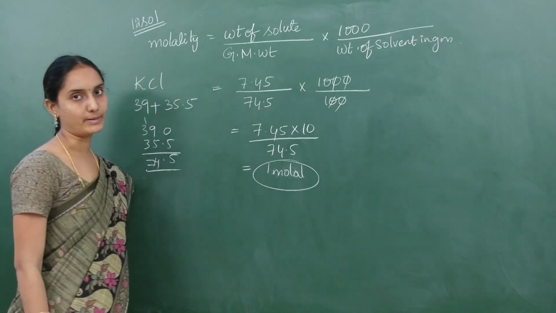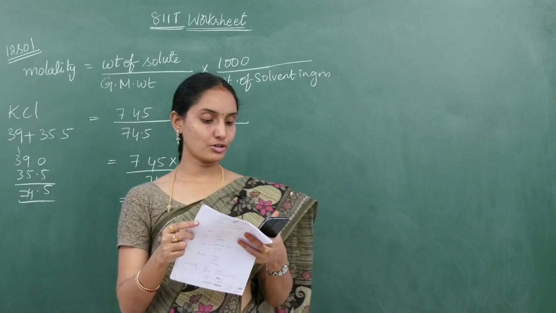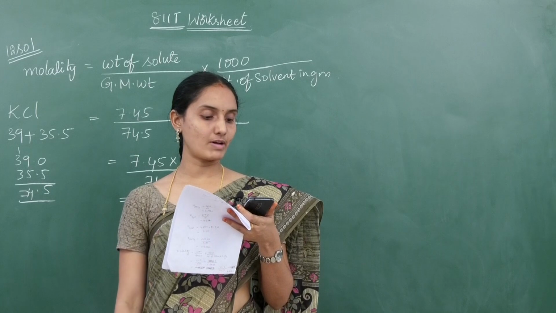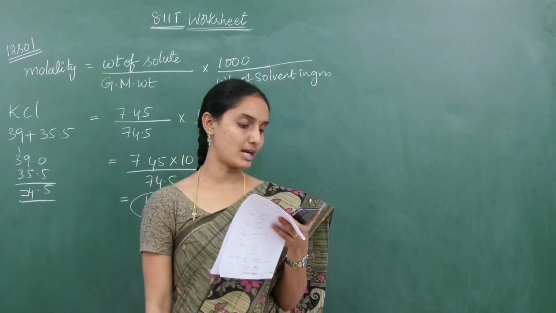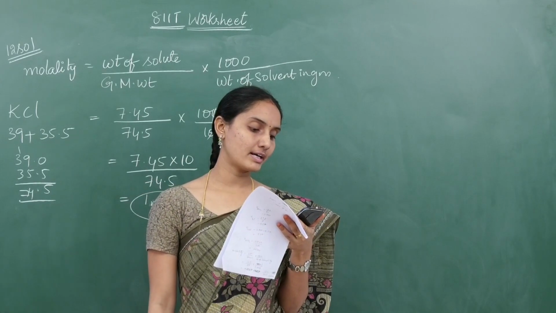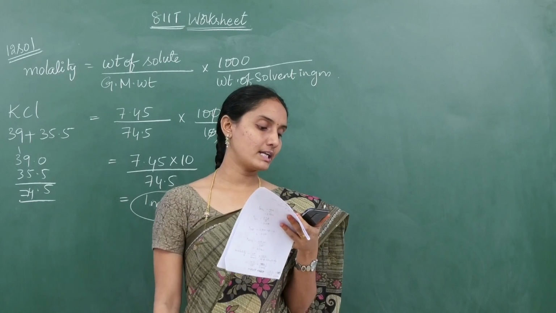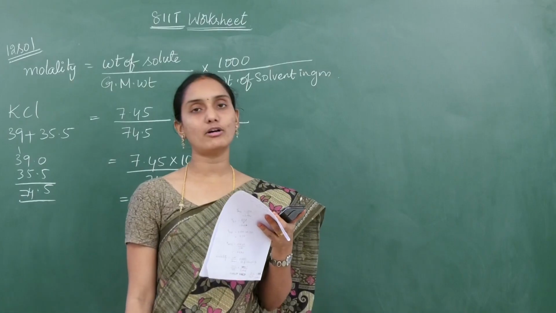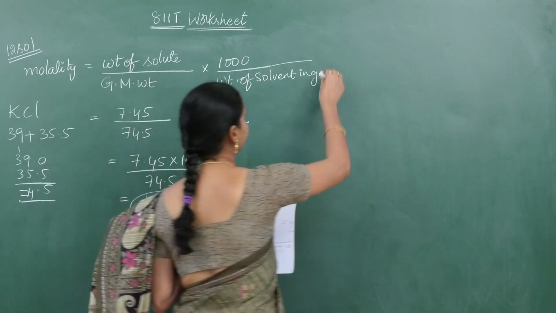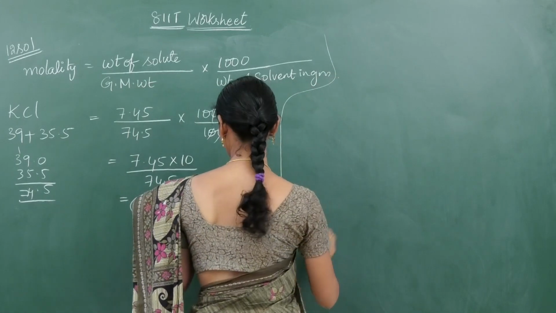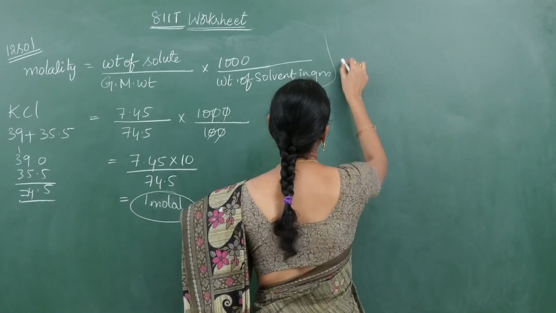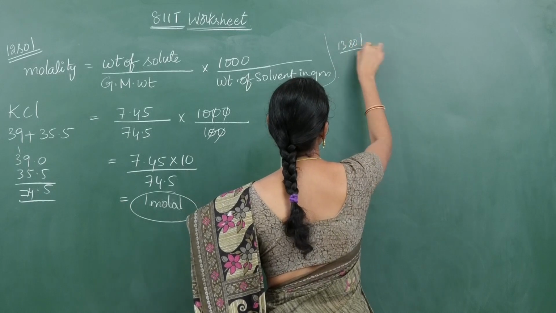Answer is 1. So in the next question, that is 13th question, children, 1.11 grams of urea was dissolved in 100 grams of water was given. Calculate both molarity and molality of the solution, they have asked. So 13th question solution.